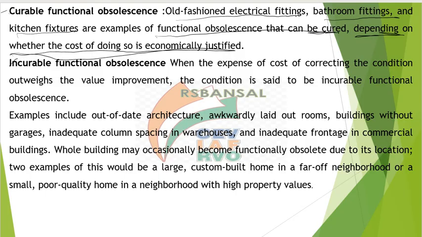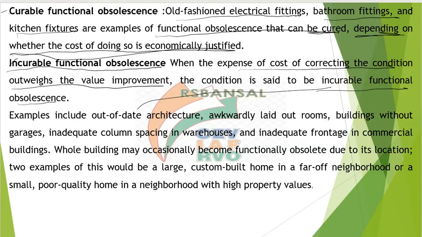If it is not economically justified, then we call it incurable functional obsolescence. Means when the cost of correcting the condition outweighs the value improvement, the condition is said to be incurable obsolescence.